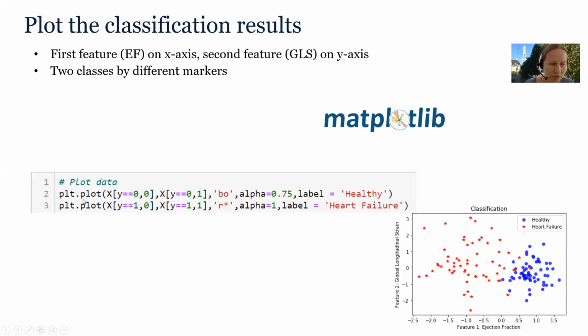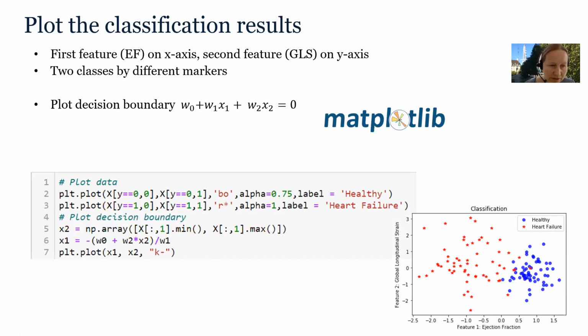So we can do that using a function plot again, but this time we need to select the samples with particular label. So in the first line, we selected label 0. So we get healthy patients, and for those we chose blue circles. And in the second line, we selected label 1, which is heart failure patients, and we print them with red stars.